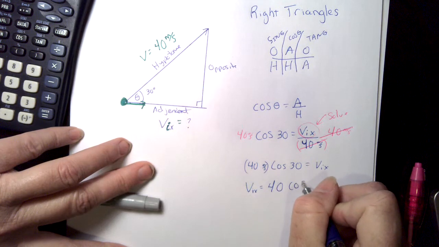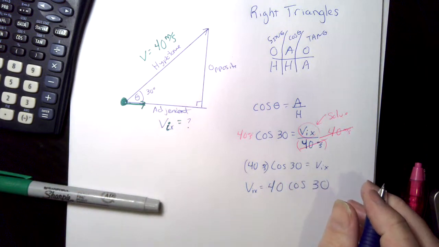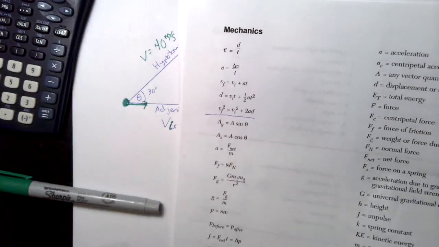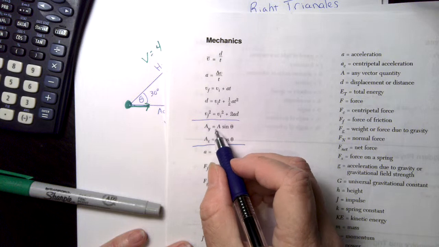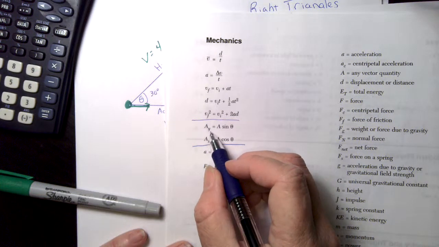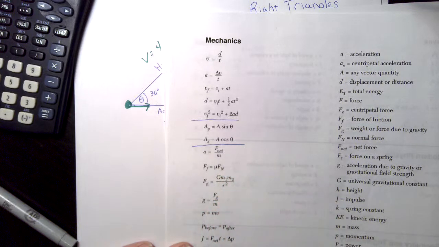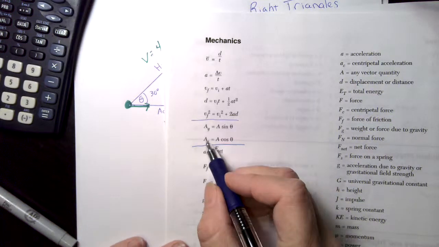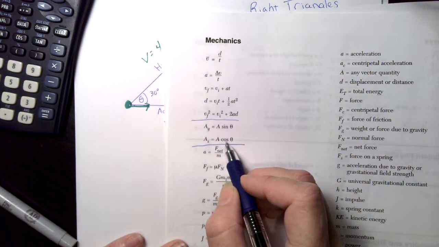40 cosine 30. Now, if you look at your physics reference table, it's kind of given, but it's hidden. It's right here, the next two equations. It says this A component of any vector is equal to A sine theta. But we were looking for the x component, so we're going to look for the A component of some vector, which is cosine of the angle.